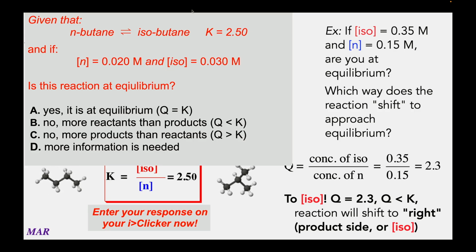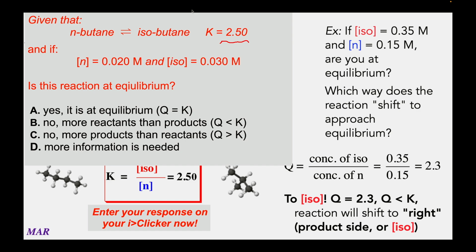And 1.5 is certainly not the same as the established K value, 2.5. So we are not at equilibrium. Our Q is less than K. And if Q is less than K, you're going to make more products than you are reactants. Another way to say that is a Q value less than 2.50 would imply too much reactants.